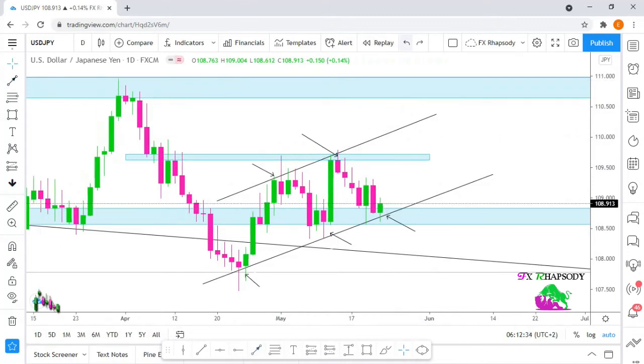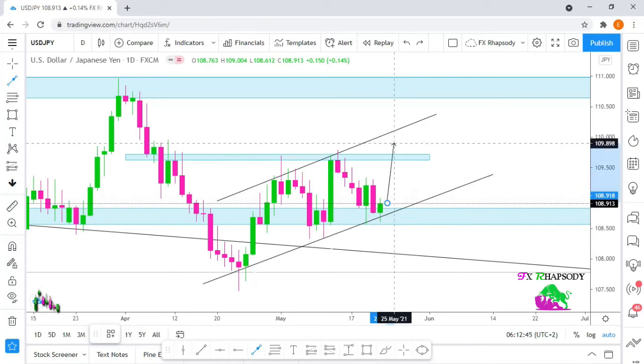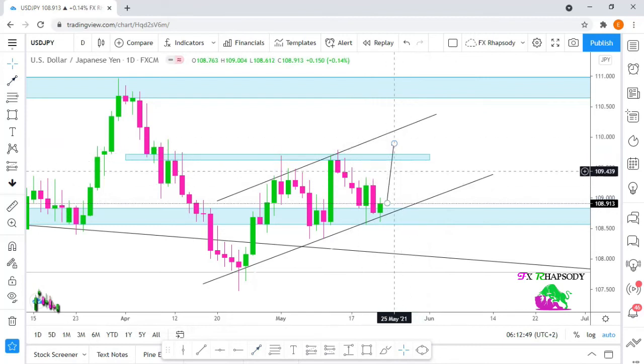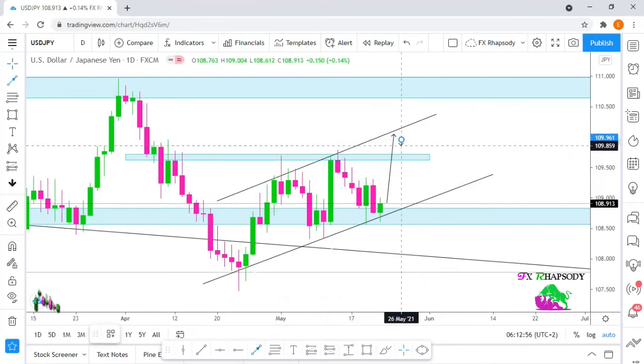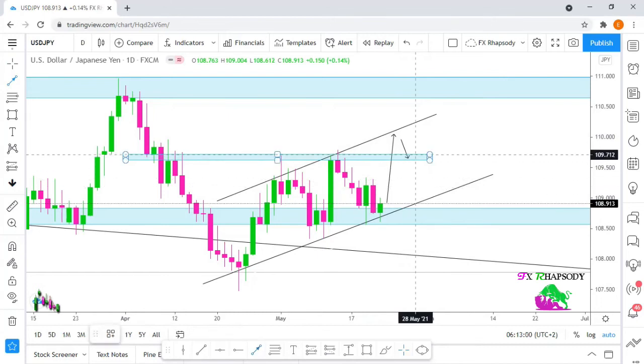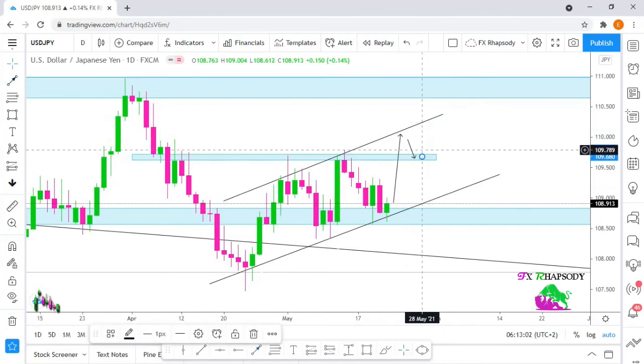What we want to see now is price, like I said, bouncing off this trend line, moving up to the upside, breaking this area of resistance, even going up to touch that trend line, making a nice retracement, and then from there on price moving up again and even breaking this trend line.